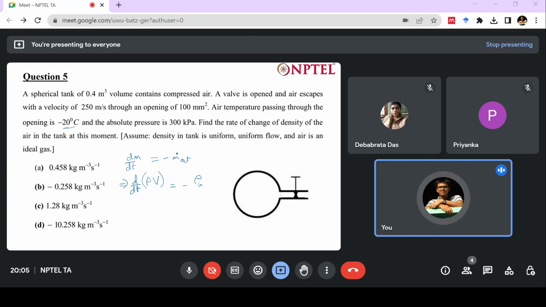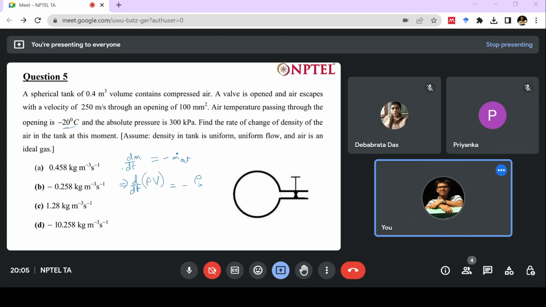Otherwise, what we have to do is take this as my variable, solve this differential equation, get a density variation with time, and then solve the equation separately like that.